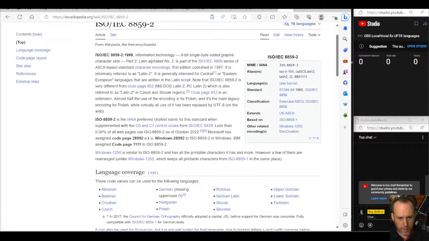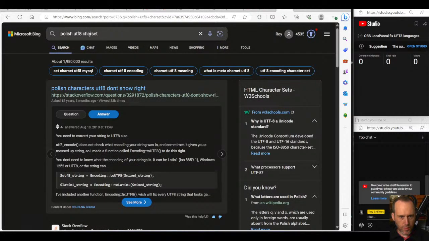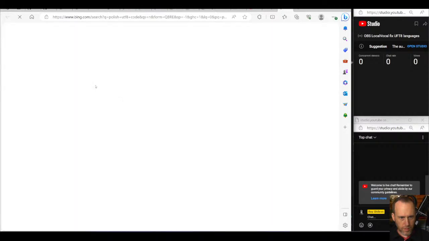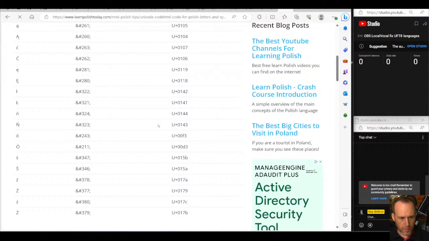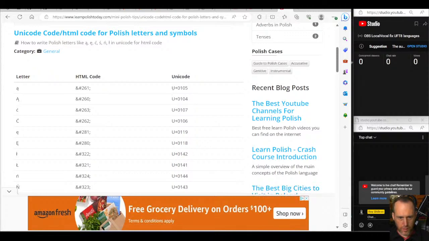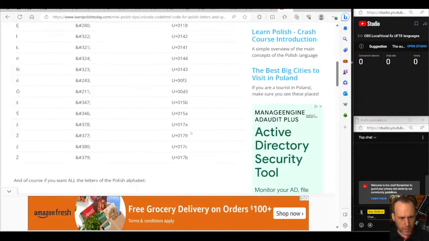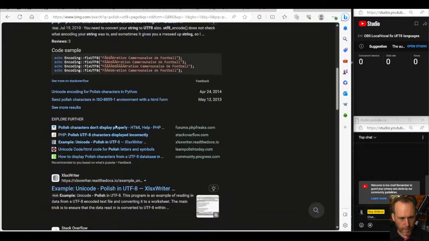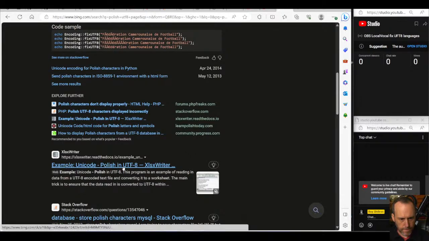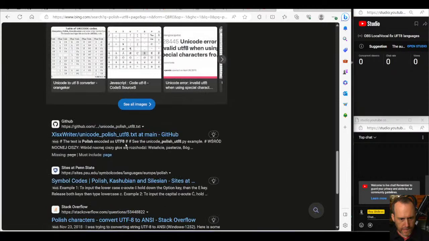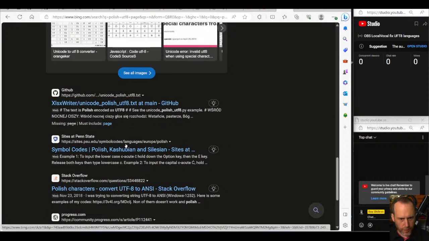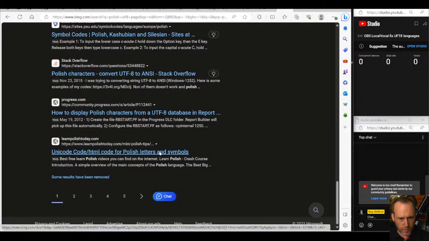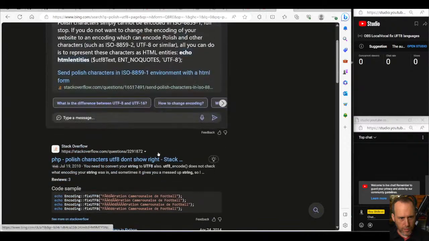It's the 8859. But UTF code. Okay, let's see if we have something interesting here. All right, that's the Unicode. There's the Unicode character page, the Unicode for Polish letters. I mean, that's UTF.